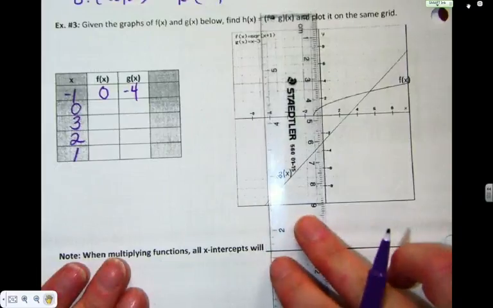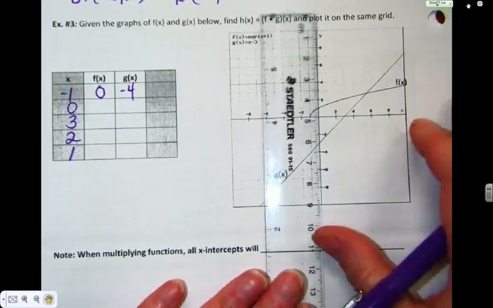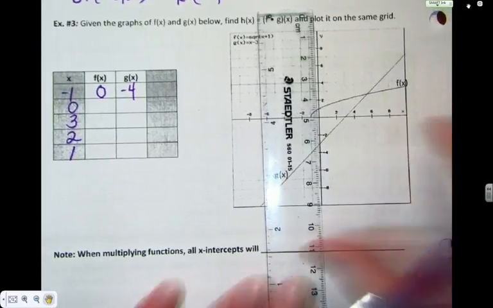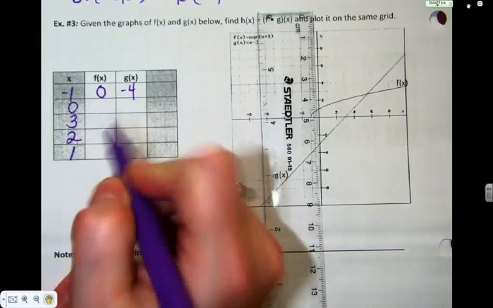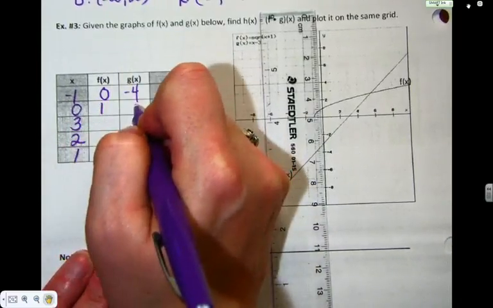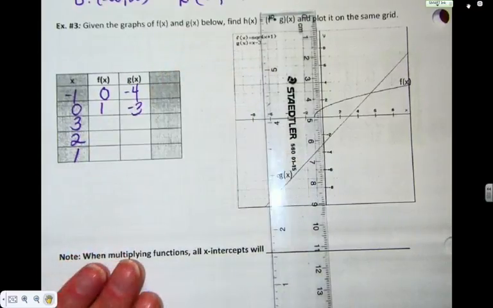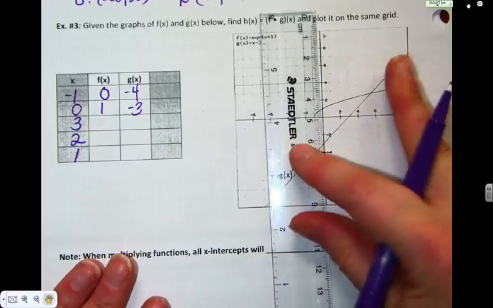Okay, move over to 0. Offer of 1 and -3. Okay, move over to 3.